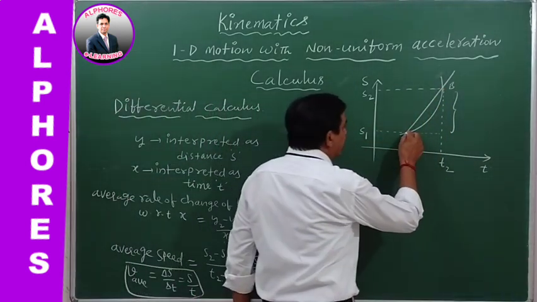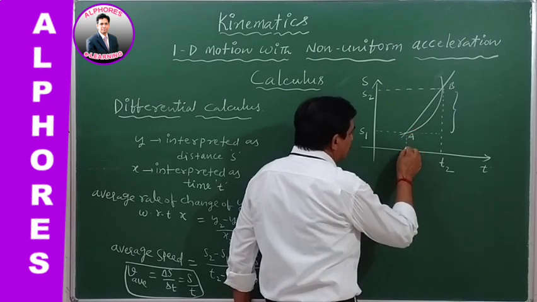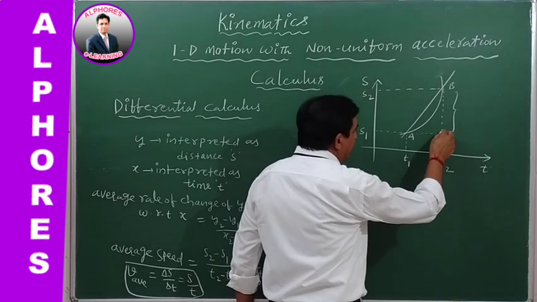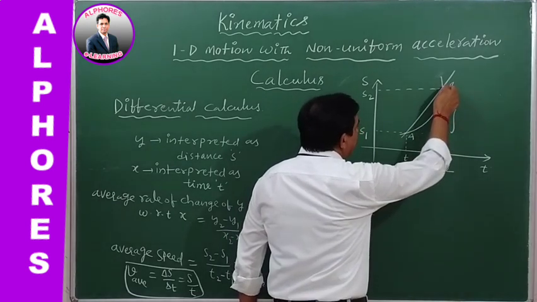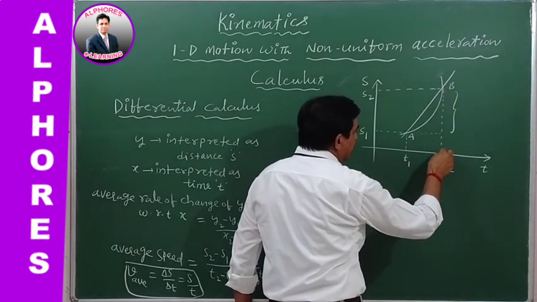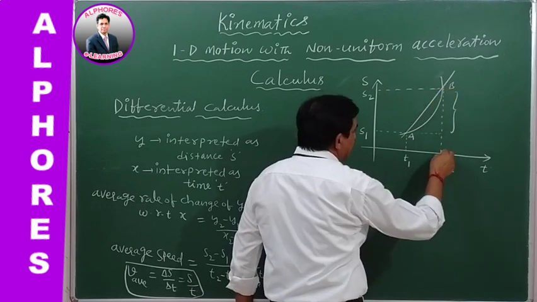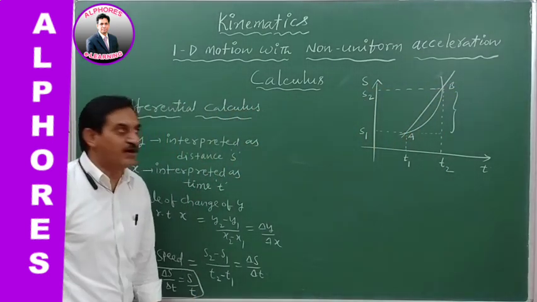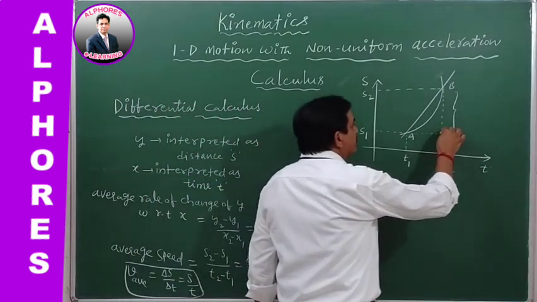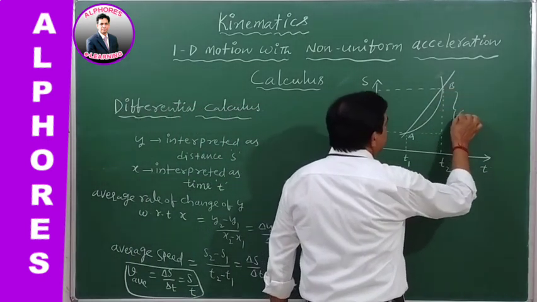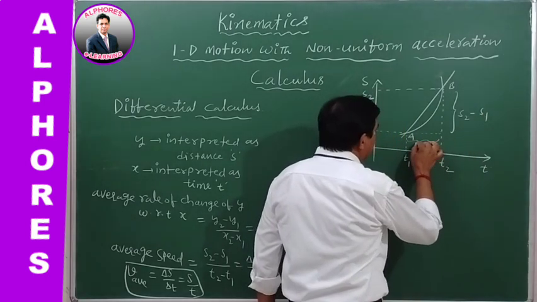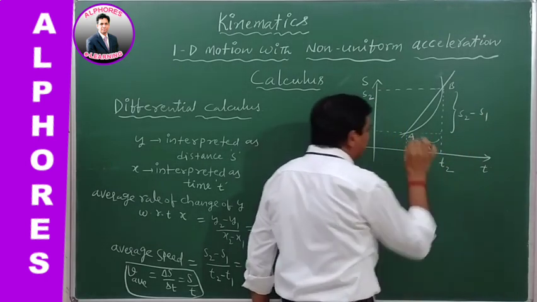Here on the time axis, at point A the time is T1 with corresponding distance S1, and at point B the time is T2 with corresponding value S2. Now see, from here to here this is S2 minus S1, and from here to here it is T2 minus T1.